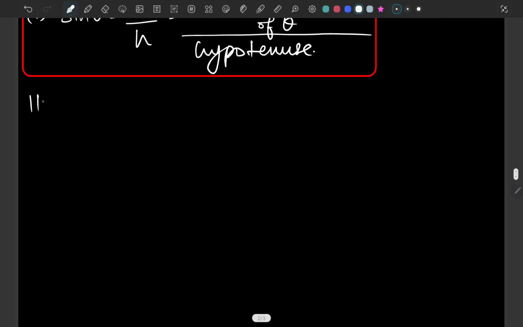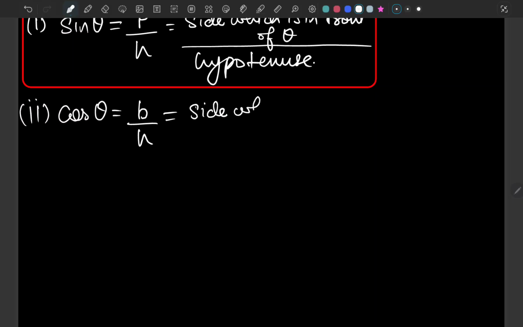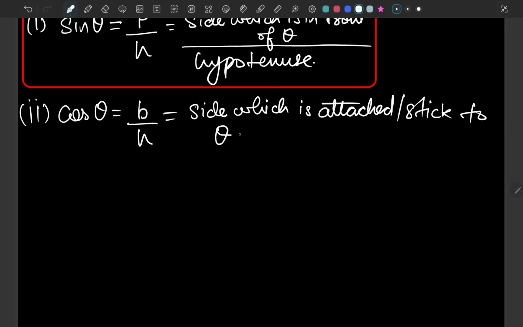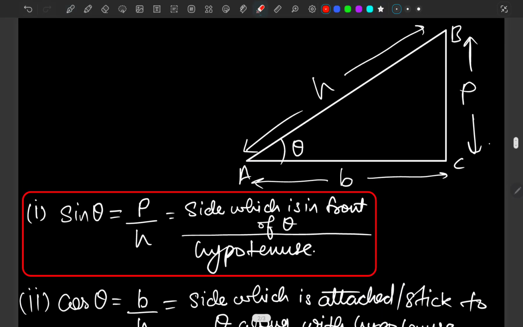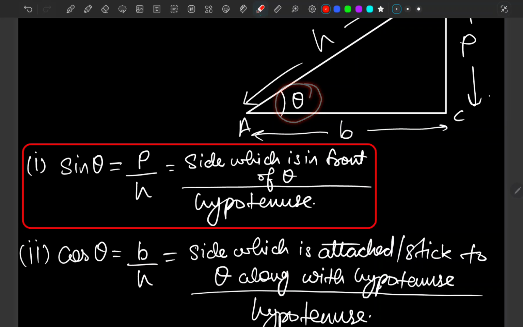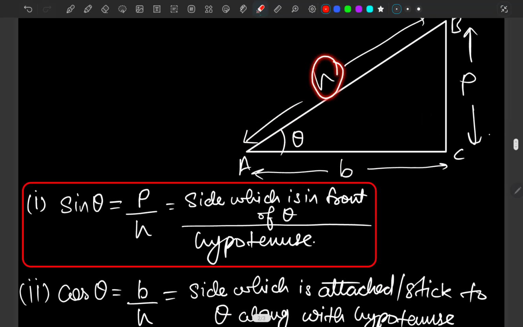Now the second thing, cosine theta. It is B over H. That means the side which is attached to theta along with the hypotenuse, over the hypotenuse, as I just explained, the side attached to this theta, like AC, over H, the hypotenuse.